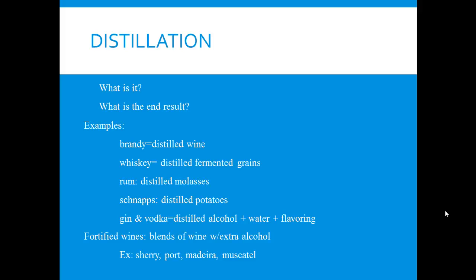The examples that you see here on the slide are just there simply to give you an idea of some of the alcoholic beverages that are the result of the distillation process. You will not be quizzed on how brandy's made or how whiskey's made, and so you'll see here for brandy, it's distilled wine.